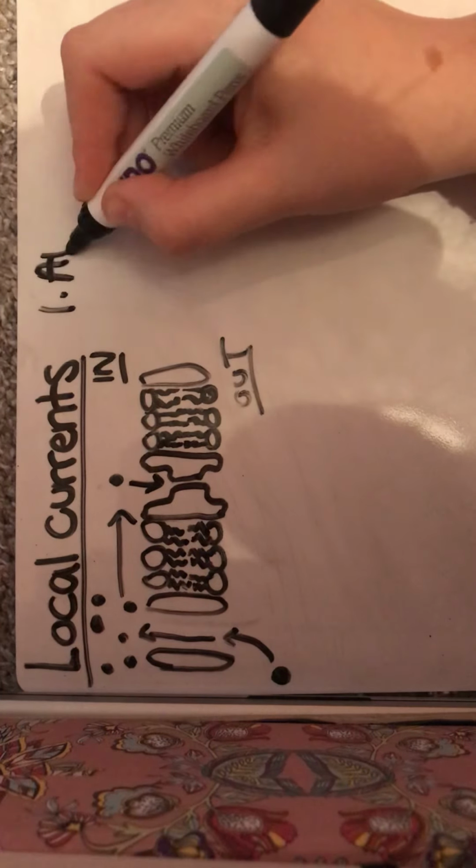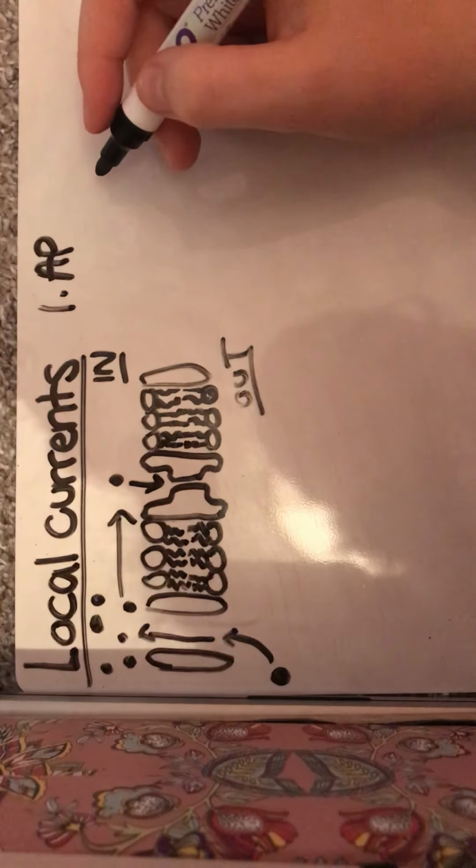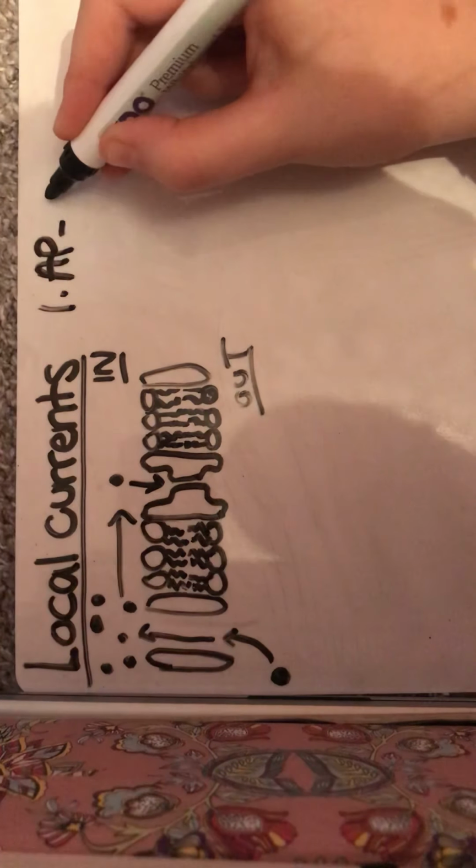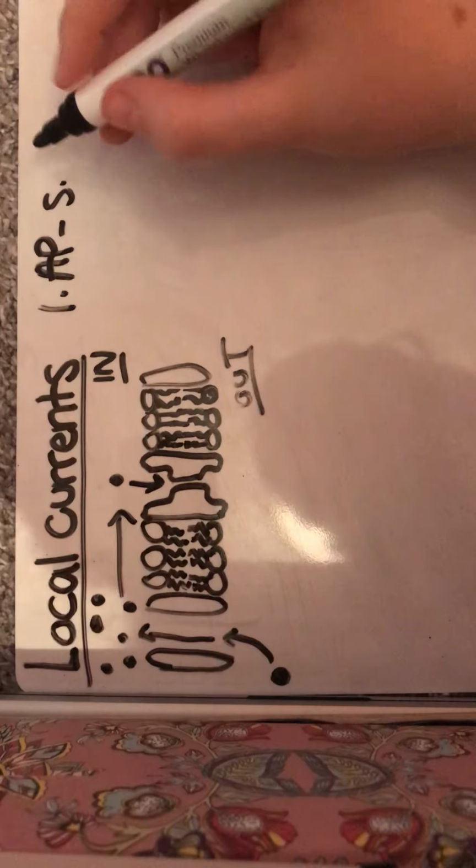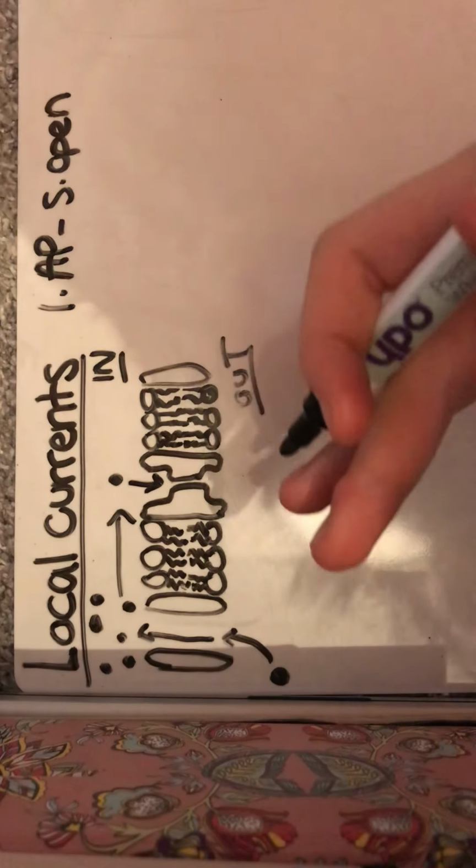Okay. So when an action potential occurs, sodium ion channels open at a certain point of the neuron.